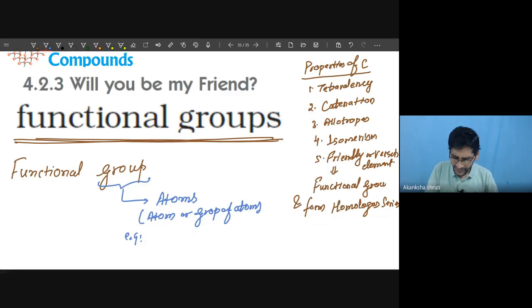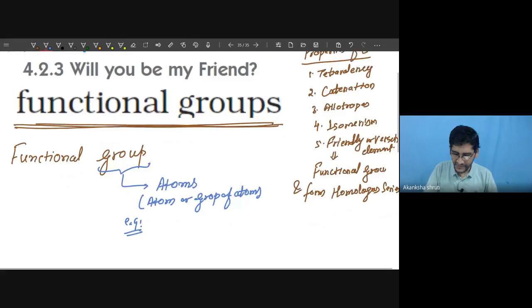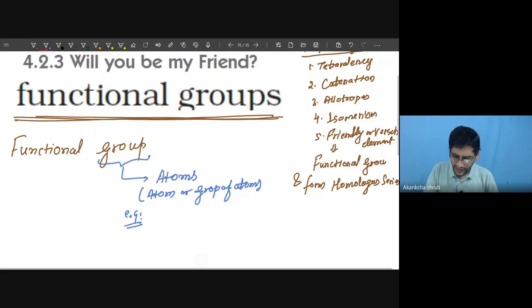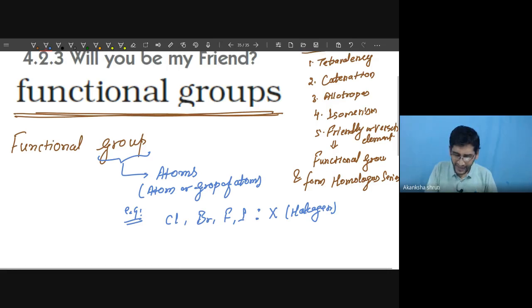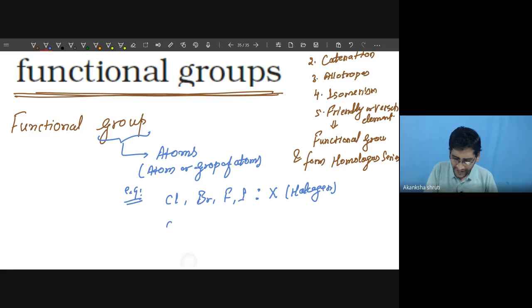Example, we may consider chlorine, bromine, fluorine or iodine. All of these are denoted by the single symbol X, and it is called halogen. Another example, if we consider the group of atoms OH, like OH minus we learned in inorganic chemistry.